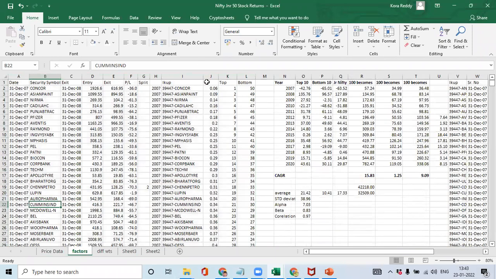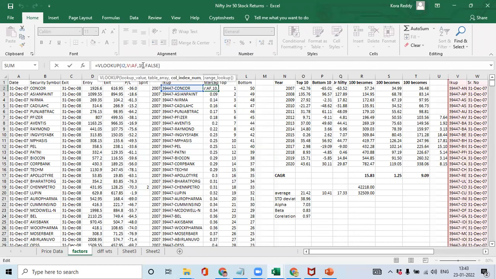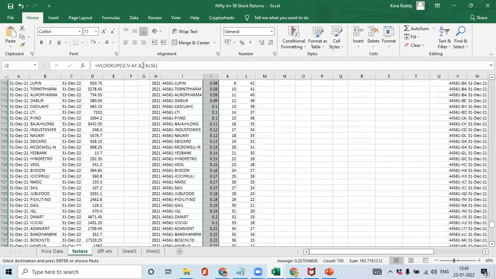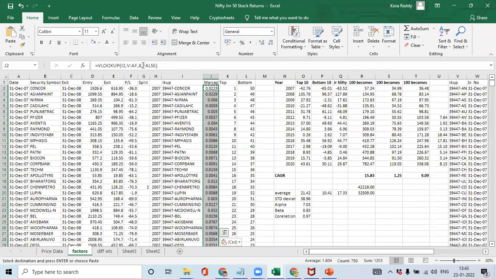This is the same factor, market cap, right? This 8. And sort.